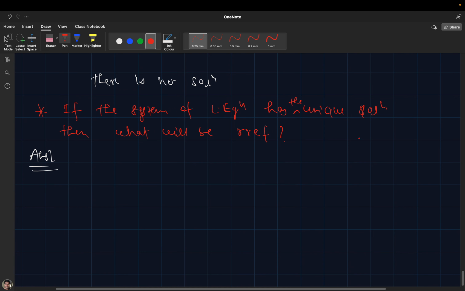I will simplify. If the system of linear equations has n equal to m, which means a square matrix.